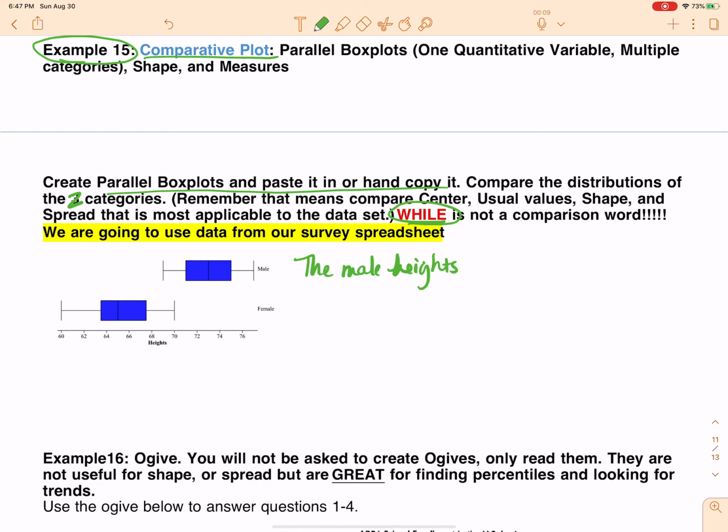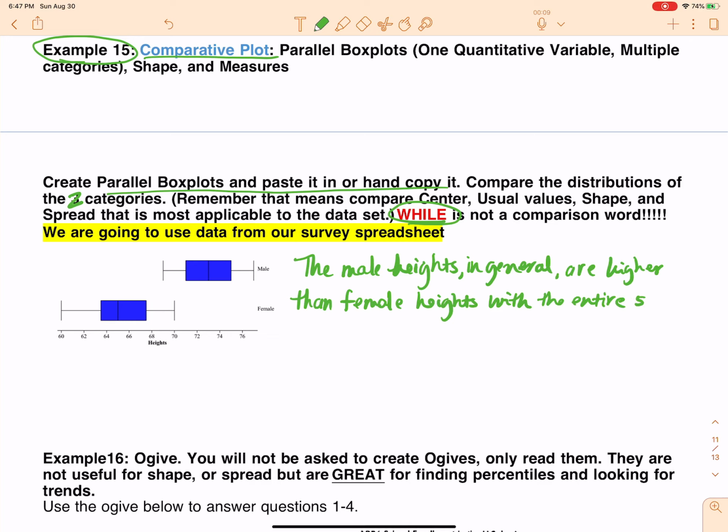So what I'm going to say is that the male heights in general are higher than female heights, with the entire 5-number summary higher than that of the females.